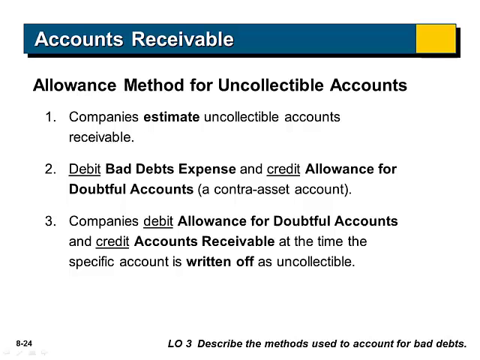So you'd make an adjusting entry to debit bad debt expense and credit your allowance, which is that contra asset account, to build up your allowance for any people that aren't going to be able to pay their bills in the future. And then you would debit the allowance for doubtful accounts and credit your accounts receivable at the time this specific account is written off as uncollectible.